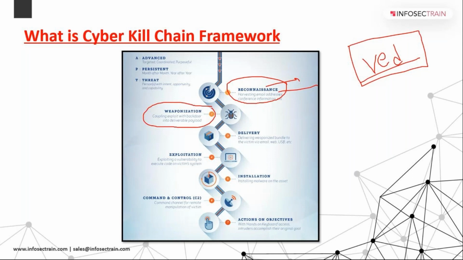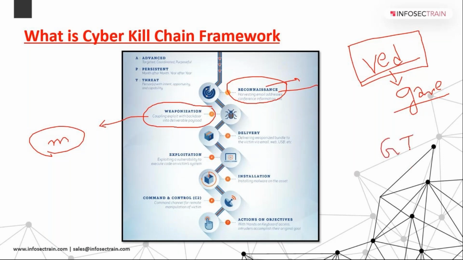Perfect. Then what I'm going to do is weaponization, right? Based upon the information that I have gathered, I'm going to create a weapon. Weapon means malware. That comes under the weaponization part. The malware is based upon its activity. So I get that Ved is very fond of playing video games. Let's say, hypothetically, there is a new version of GTA 5 that he wants to play, or I would say GTA 6, which is again going to come into the market.